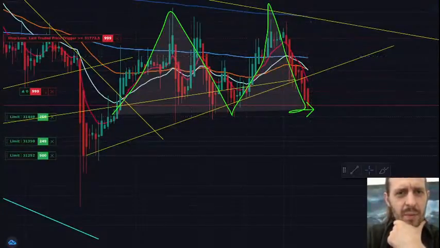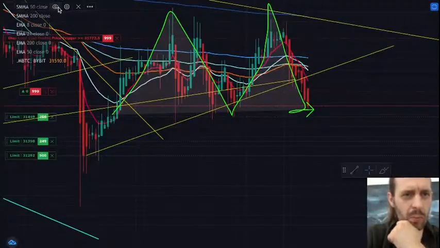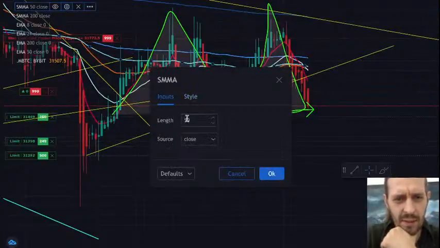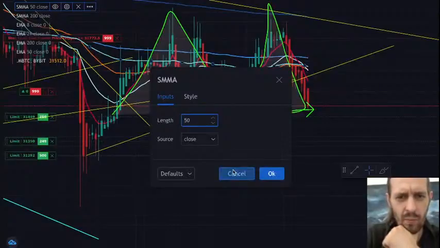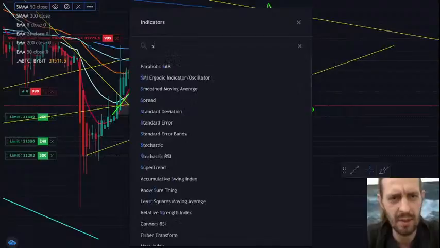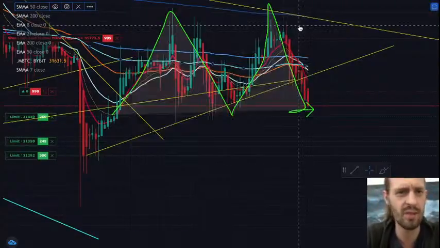Matter of fact, let me first check out the 200 SMMA, because what I saw a couple of times is that it's being respected even more, so it's a little bit more accurate sometimes. So let's check it compared to the exponential moving average.